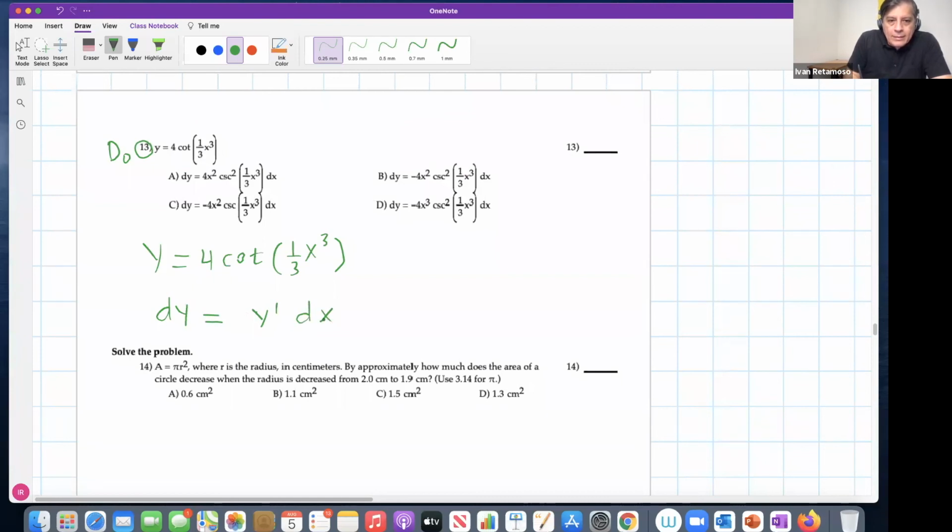As a hint, cotangent should be considered your outside function, and this is supposed to be your inside function. The 4 is not a problem, it's a constant. We're just going to take this 4 out. Try it, and then we will talk about the applications for the computation of errors.